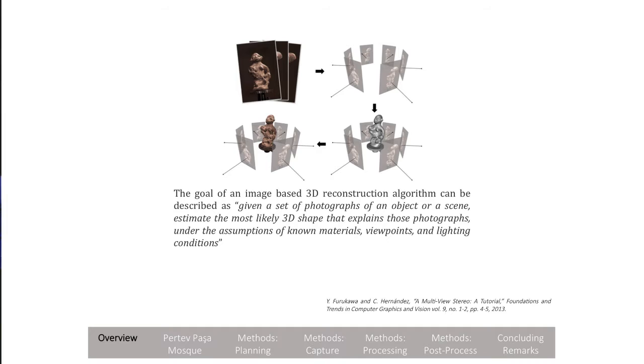So fundamentally, what we're talking about is two algorithms in contemporary 3D photogrammetry. The first one is what we call a structure from motion algorithm, and the second one is a multi-view stereo algorithm. The structure from motion algorithm takes a series of photographs, and based on the lighting, based on the physical parameters of the image, will determine the physical characteristics, the geometry of the camera, and the location of the photograph relative to the position of the object.